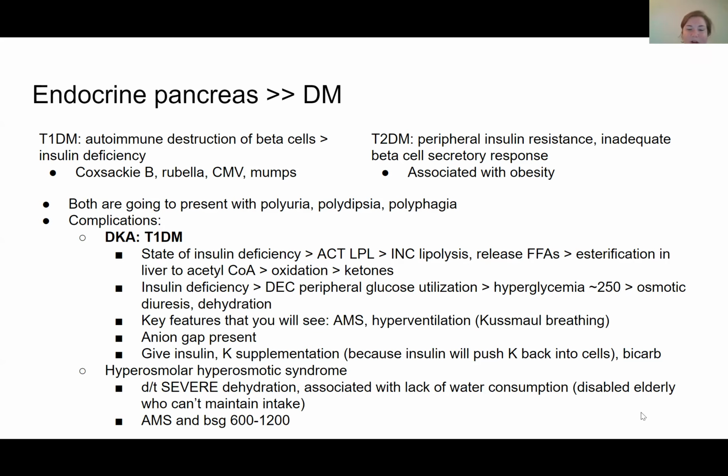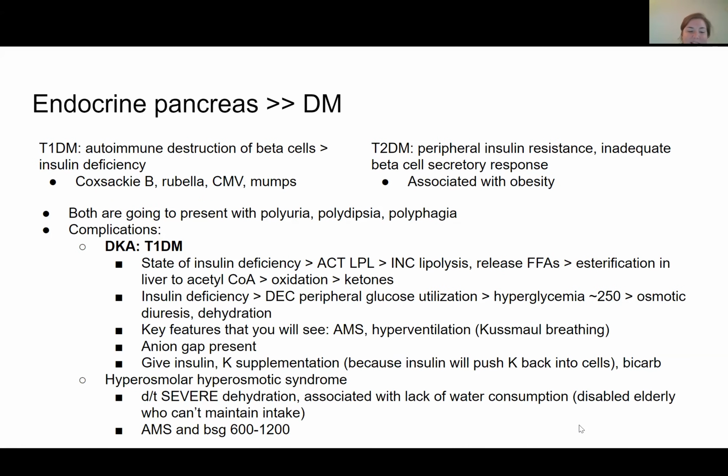And then hyperosmotic syndrome. The diagnostic feature of this is the blood sugar level. It's wildly elevated. So altered mental status, and then the blood sugar level. So very severe dehydration. The biggest thing about this, your patient's probably going to come in, they're probably elderly, they probably had a stroke, or they just had surgery or an infection. Essentially, they are unable to keep up with the water consumption.